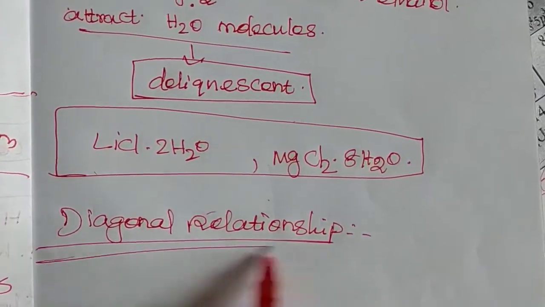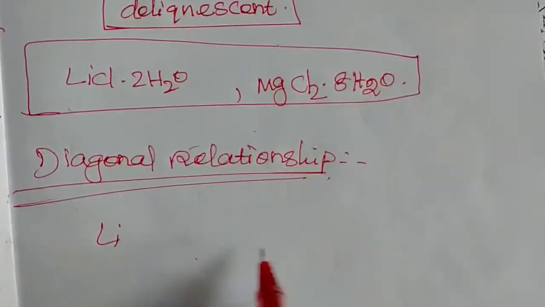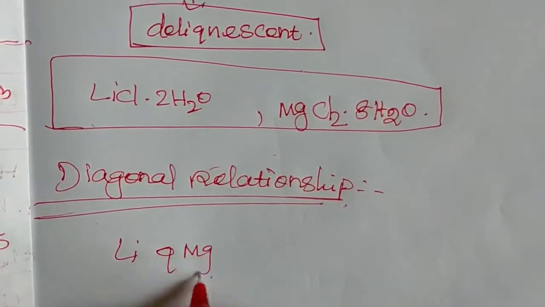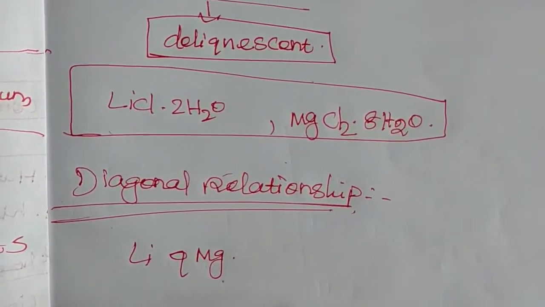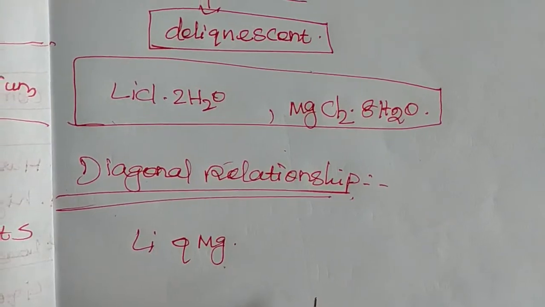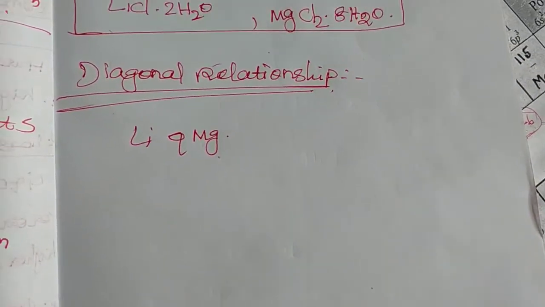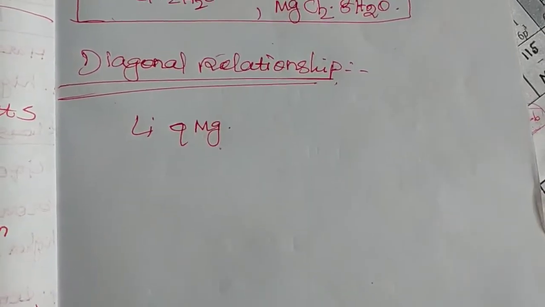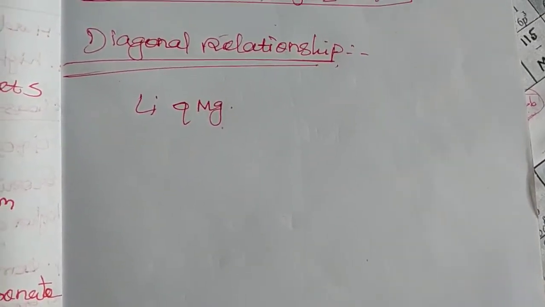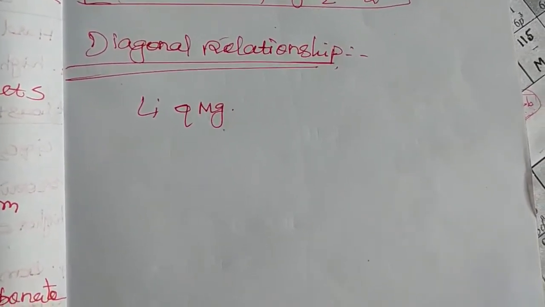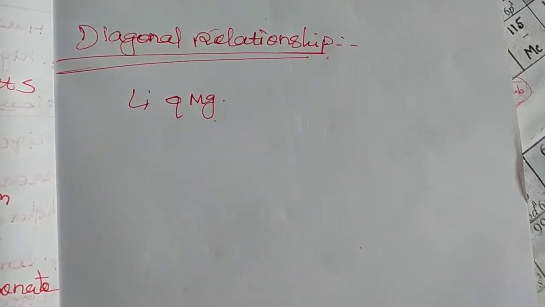Lithium has a diagonal relationship with magnesium because they are placed diagonally in the modern periodic table. The first member of group 1 is diagonally placed with the second element of group 2, that means magnesium.